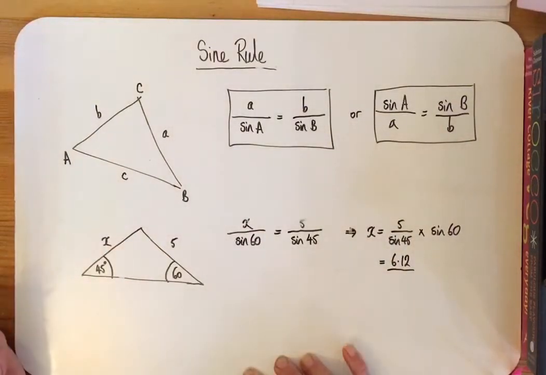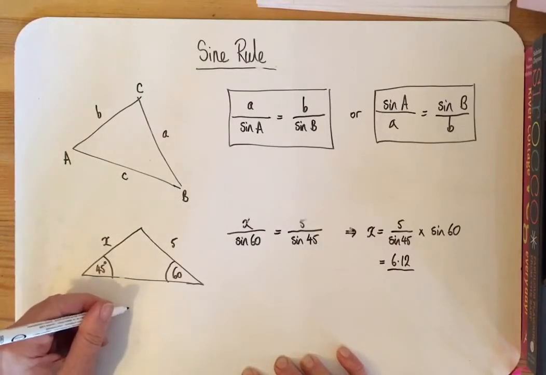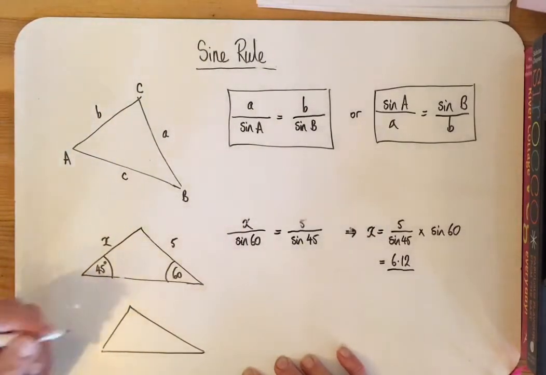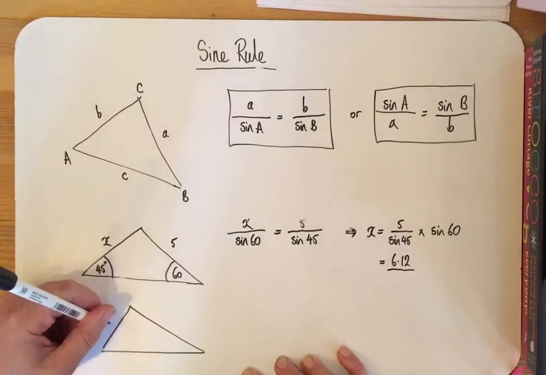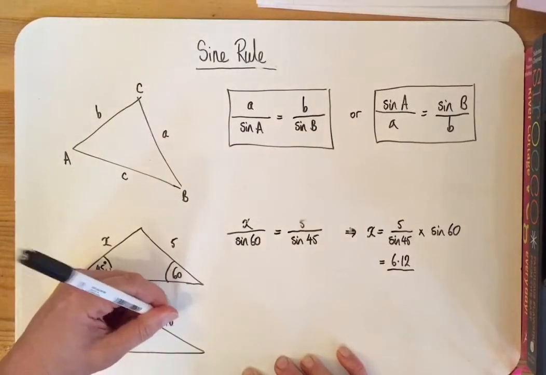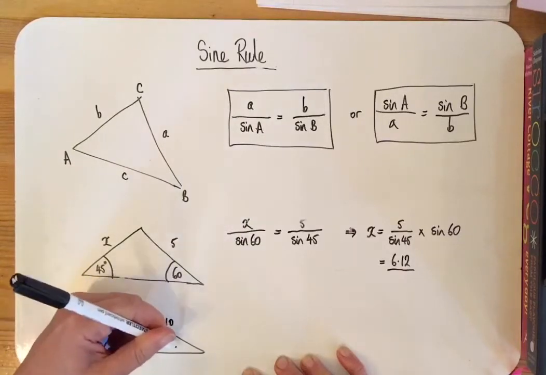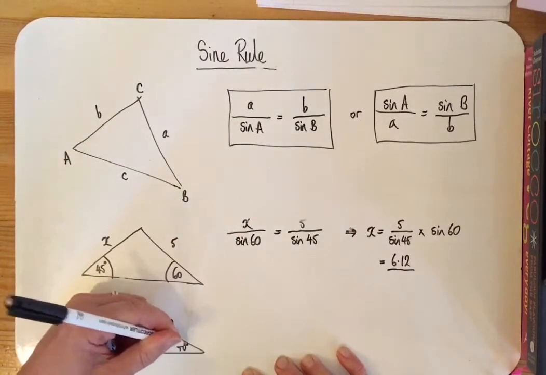On a similar note, if you're wanting to find an angle instead of a length, so if I'm in this situation here, sorry, I was going to try to make my triangles look a bit different. They're all looking a bit similar. So that's 8, that's 10, that's y, and that's 40 degrees.